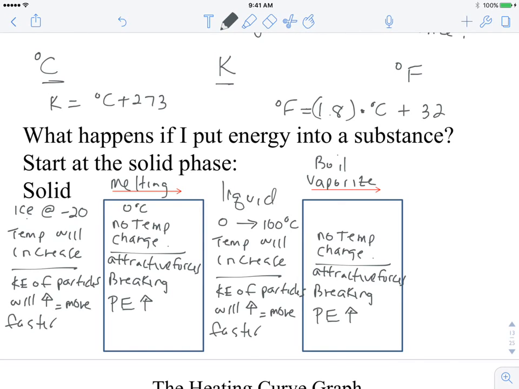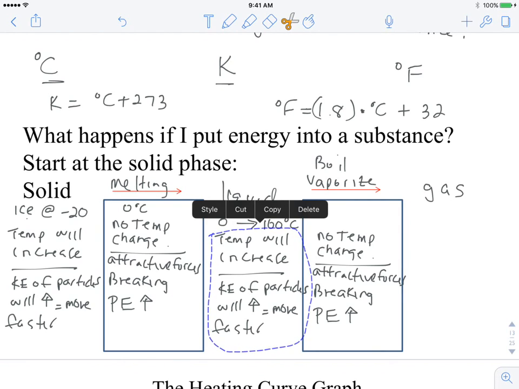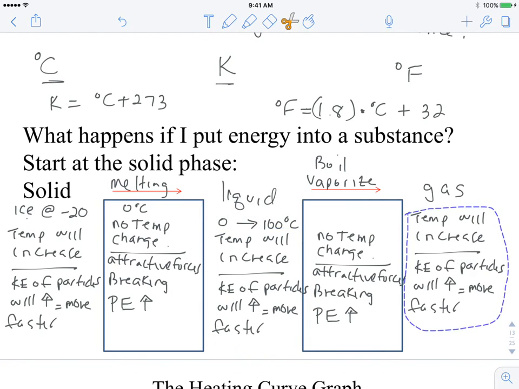And once I vaporize, well, I'll form a gas. And guess what? Yeah, that's right. I'm going to have the same thing I had with a liquid. Copy that and paste it right here. Whenever you have a phase change, you have the same type of thing going on, potential energy increasing. Whenever you have a phase being heated, you have kinetic energy going up.